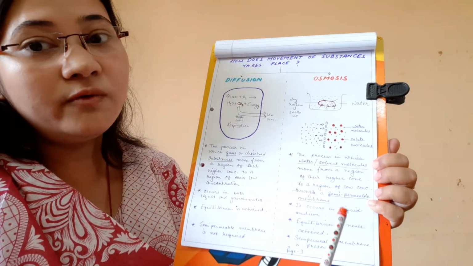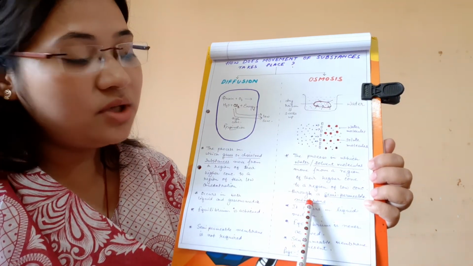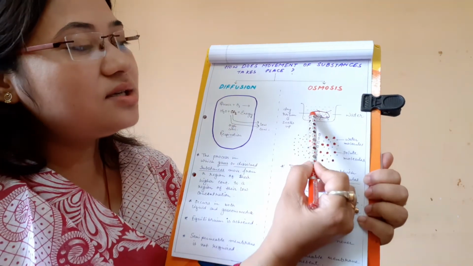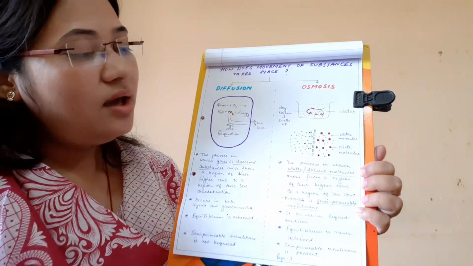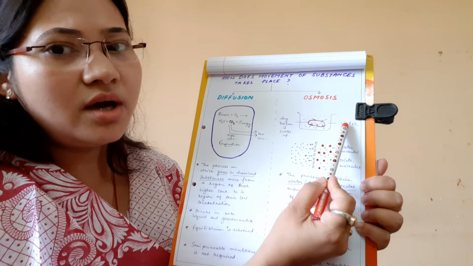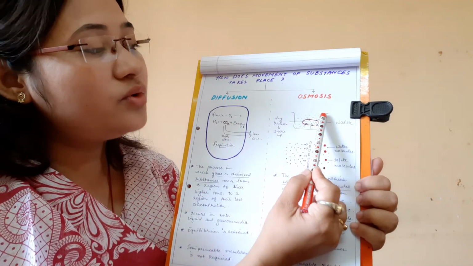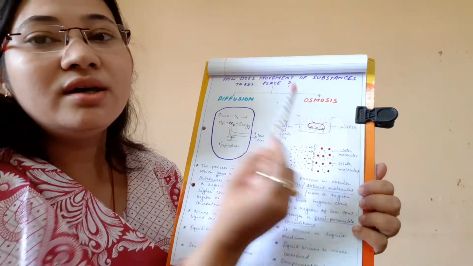Please don't forget to mention semi-permeable membrane. This is the semi-permeable membrane, that is the skin of the resin, and only water molecules are capable of moving from the outside medium into the cell.